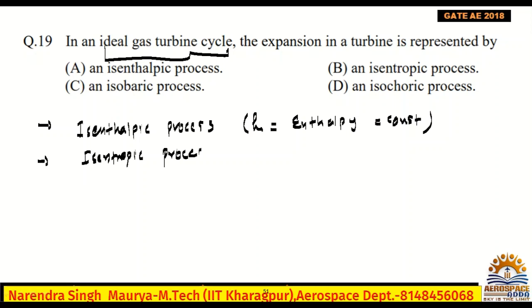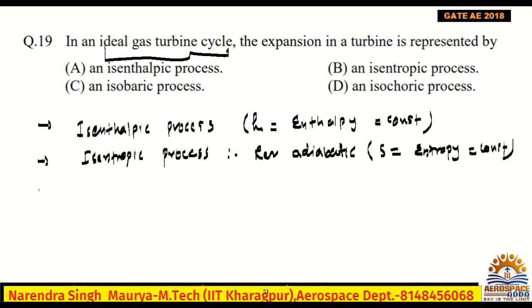Isentropic process, which is also called reversible adiabatic. In this, S means entropy constant.